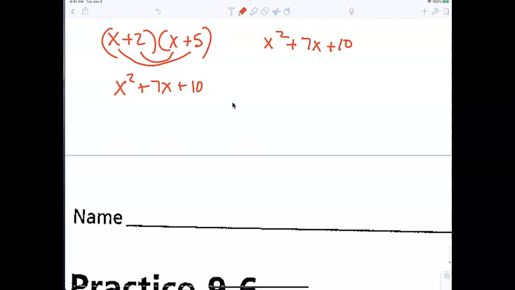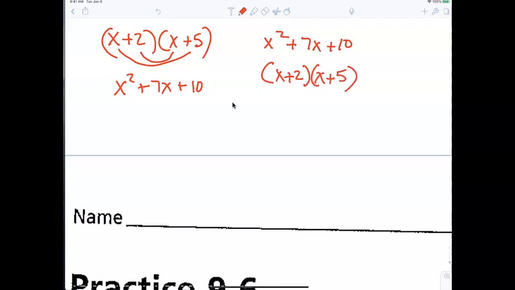Exactly. How do you not know that? What are the factors? Two things that multiply together to give you x squared plus 7x plus 10. So that's brilliant. He just said x plus 2 times x plus 5.